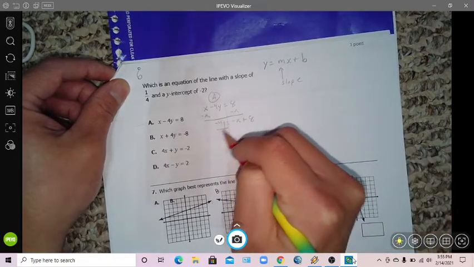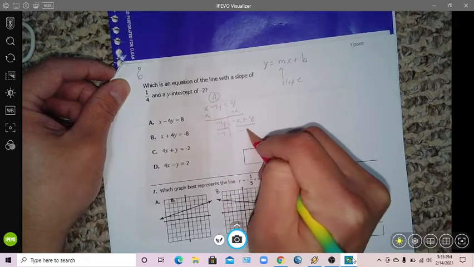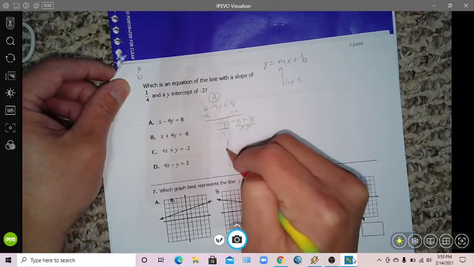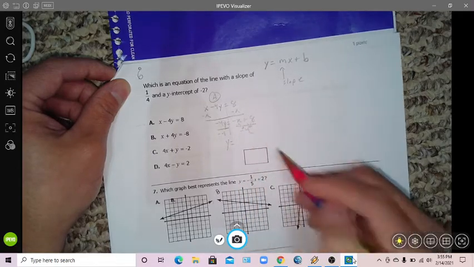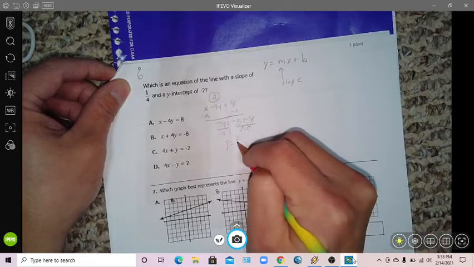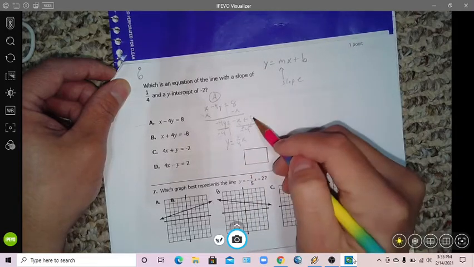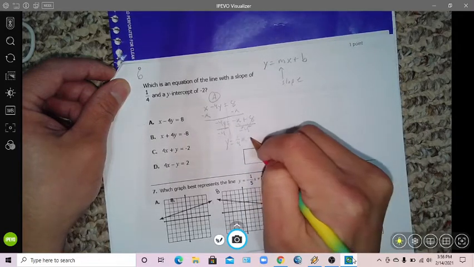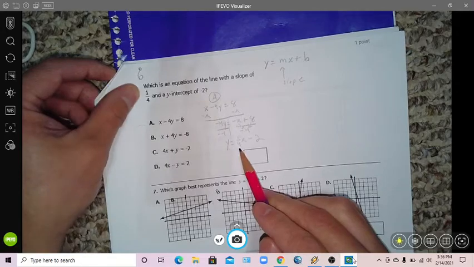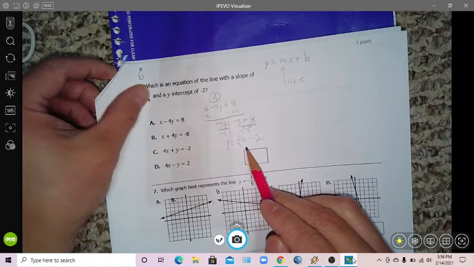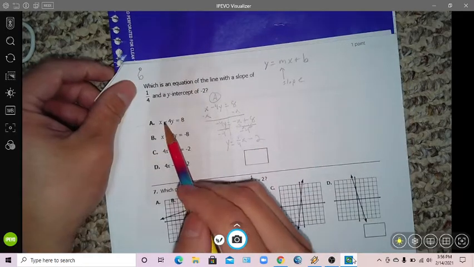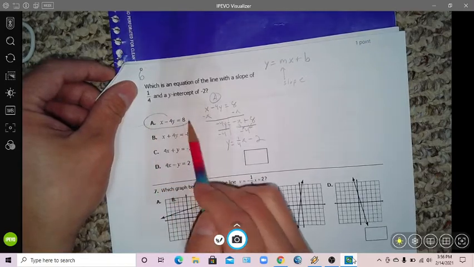Then I have to divide this by negative 4, and I have to distribute. Now the y is by itself. Negative 1 divided by negative 4, that's 1/4. X goes with it. And 8 divided by negative 4, that's negative 2. Hey, look, the slope is 1/4. The y-intercept is negative 2. I stumbled upon it on the very first try with A.